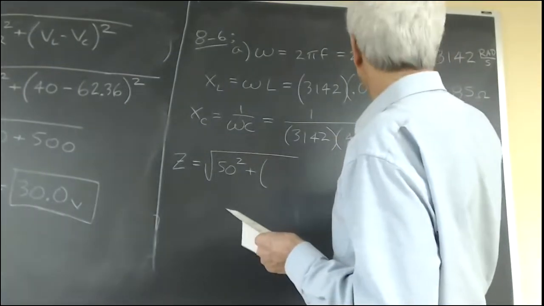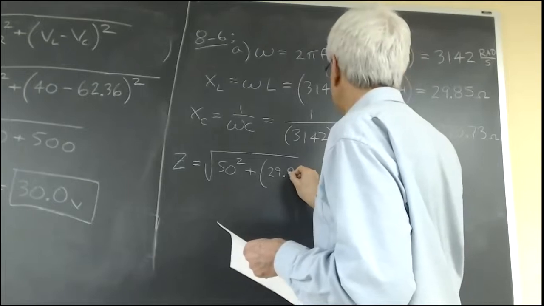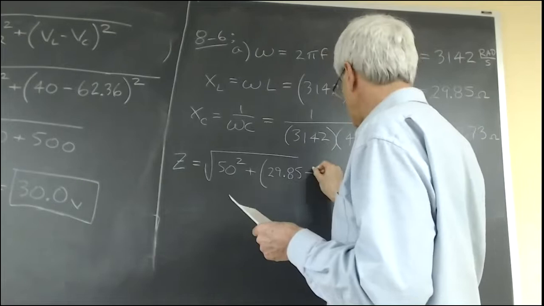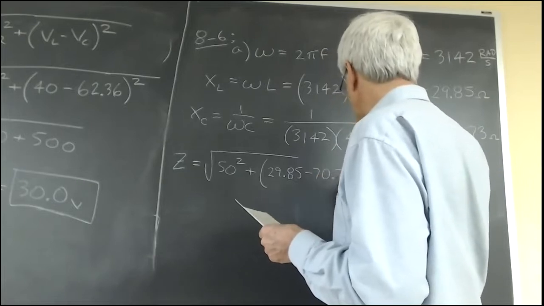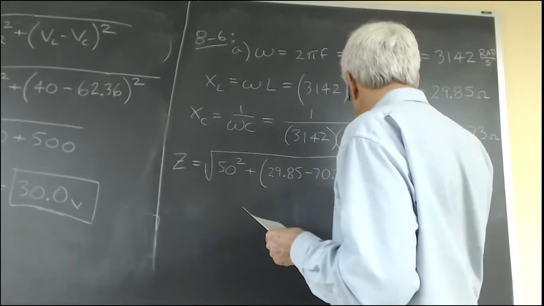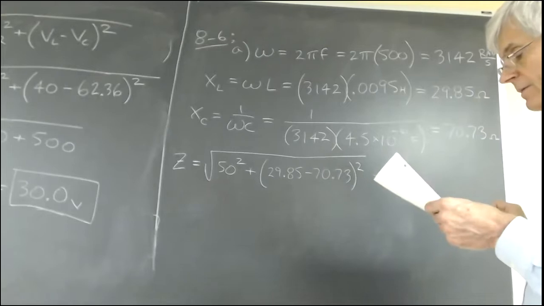So the 29.85 minus 70.73. Subtract first, then square. You can't interchange the order, it won't work.